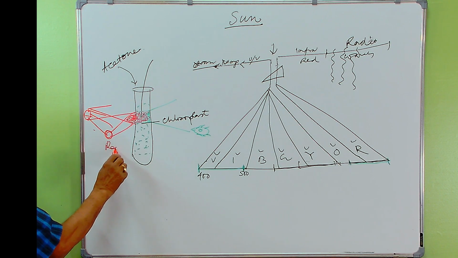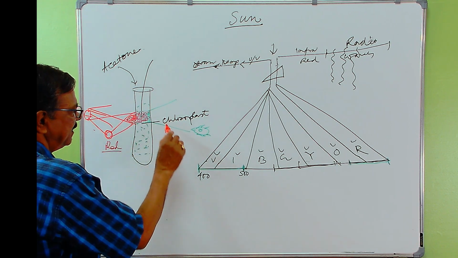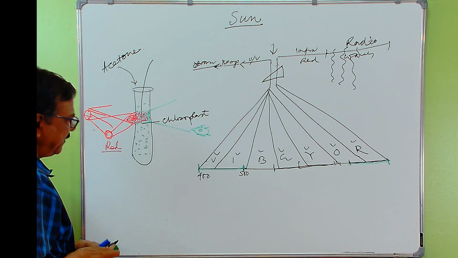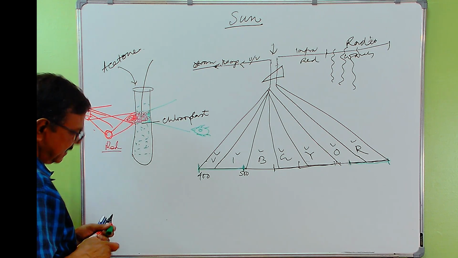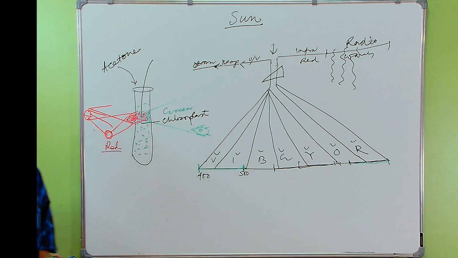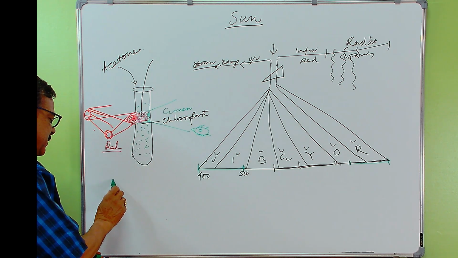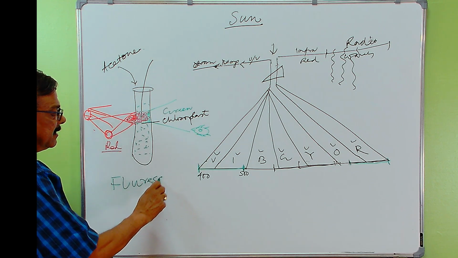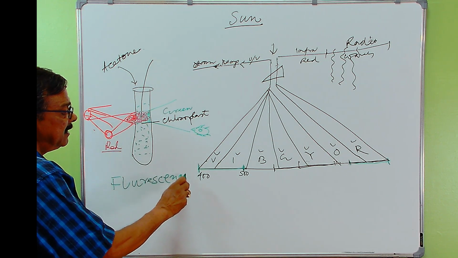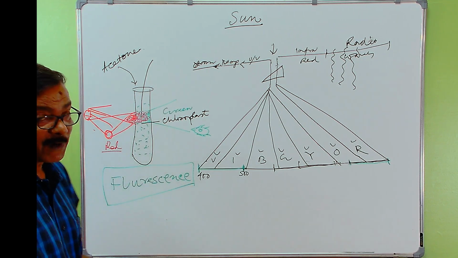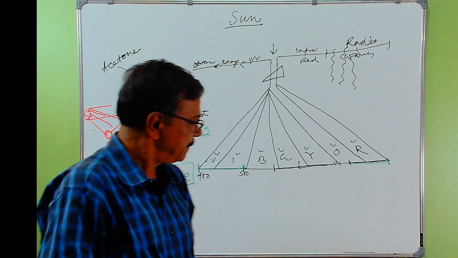Here it is red, and here it is green. This phenomenon is known as fluorescence.